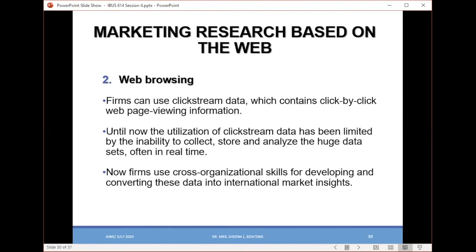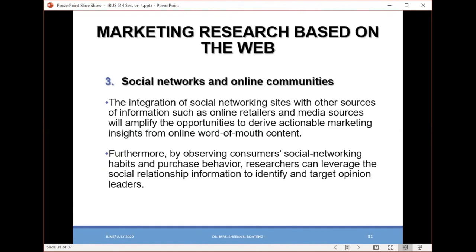Because when it comes to selling through the internet, marketers are involved all the way from the design of the page to the choice of colors, the choice of fonts, the positioning of items, to everything concerning the page and how it is designed to ensure that it is able to appropriately target the market segments that the firm wants to get to. So web browsing is another important source of marketing information for firms to make decisions on.